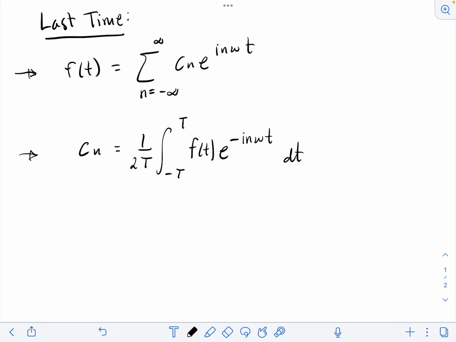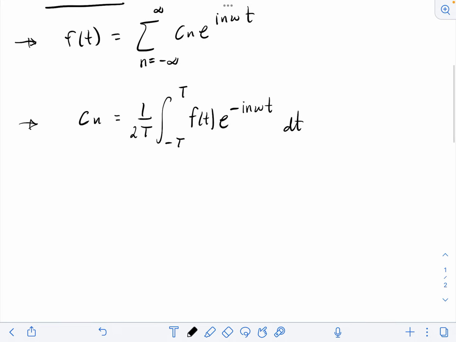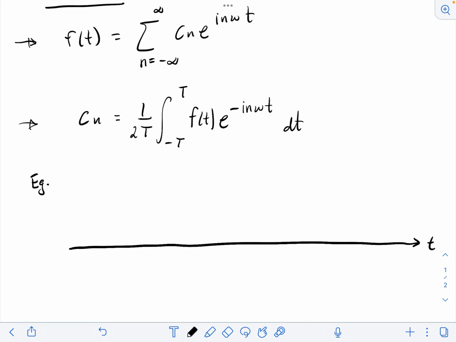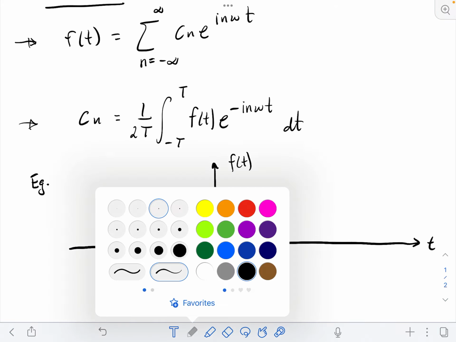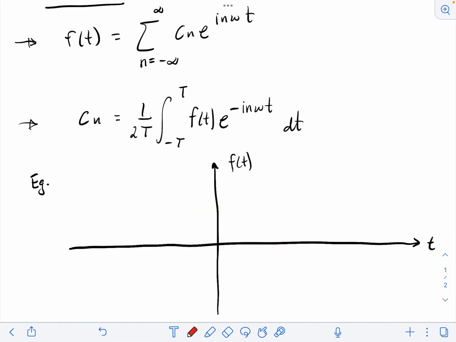Okay, so let's see how this is going to work in practice. As I said, we're going to use a square wave. So this will be our time axis, and here will be f of t, and our function will go between plus 1 and minus 1.